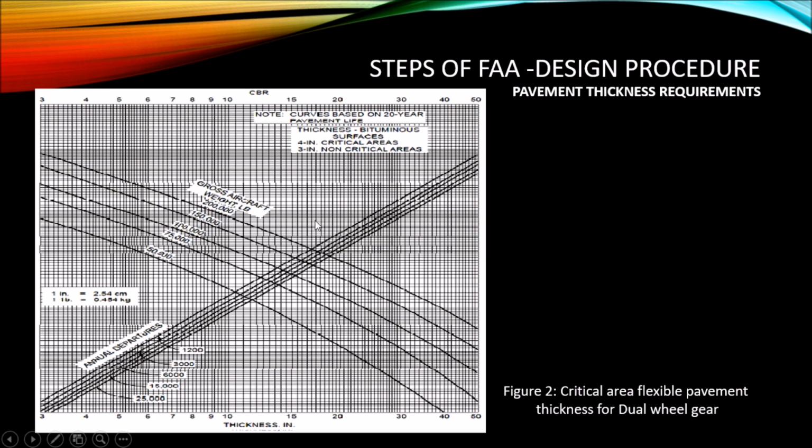We read from here down, and trace where the annual departure of 9,900 is, which is between the third line and the fourth one, because the fourth one is 15,000 and the third one is 6,000. Then you move down here, and it should be around 28 point something.